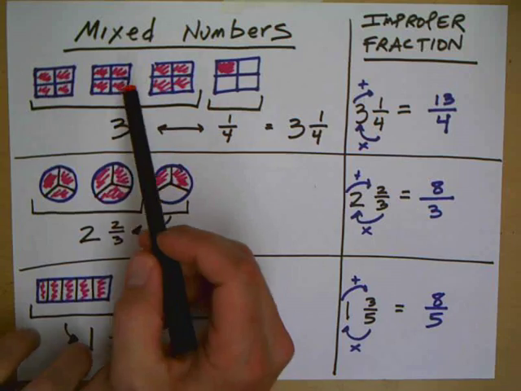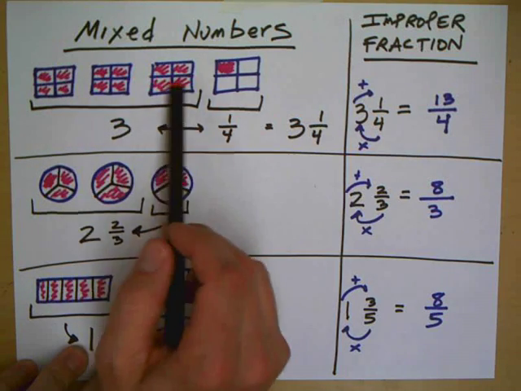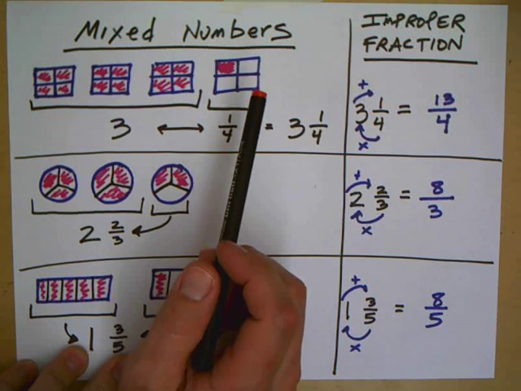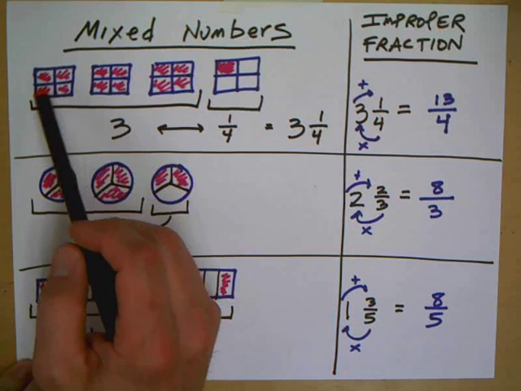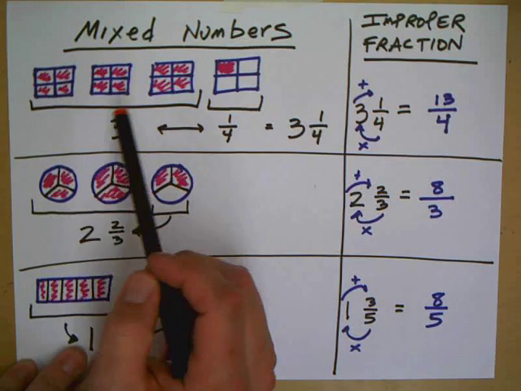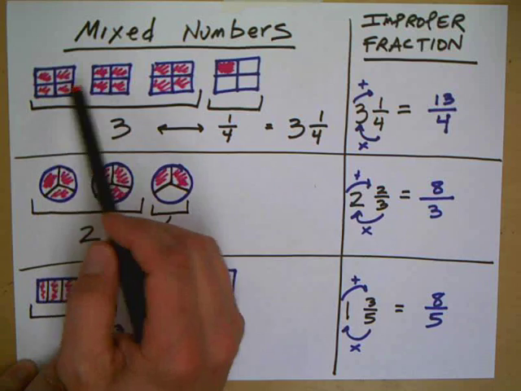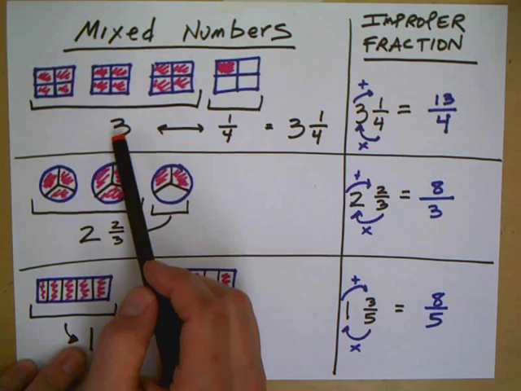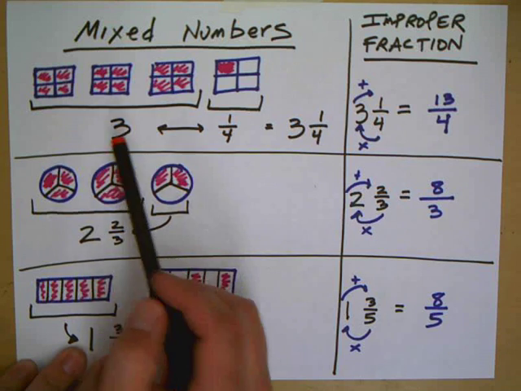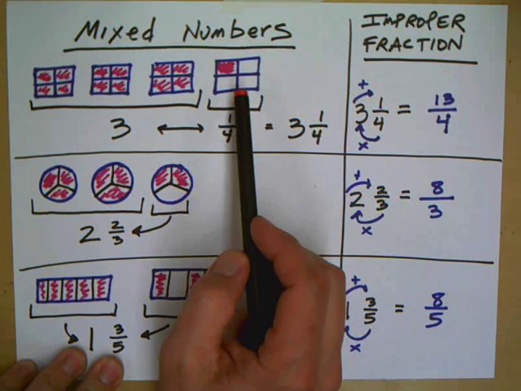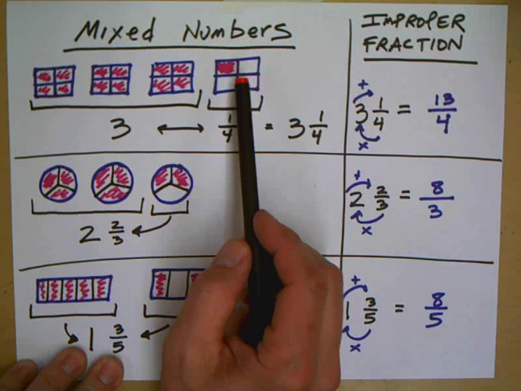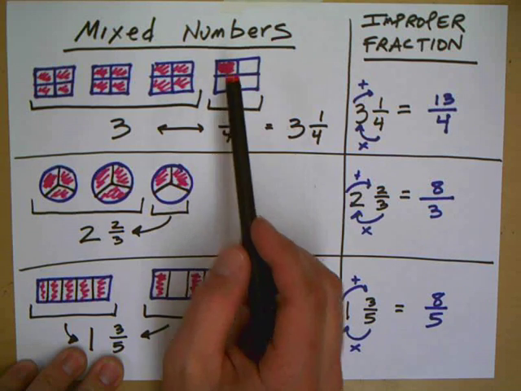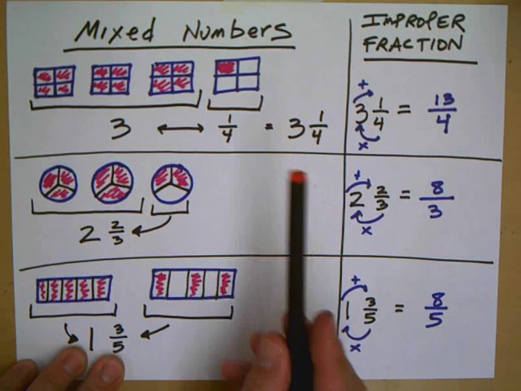If you look at the left side here, you can see there are 4 squares drawn, and each square is divided up into fourths, 4 equal parts. These first 3 are colored in completely and represented here by our 3 wholes. This last square is divided up into fourths as well, and only one of the 4 pieces is colored in.